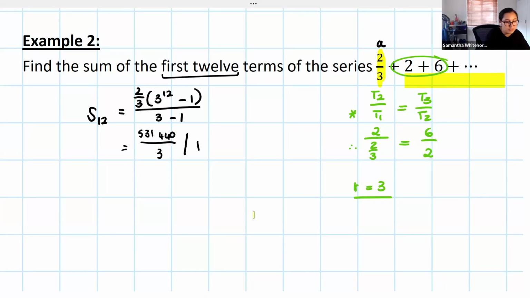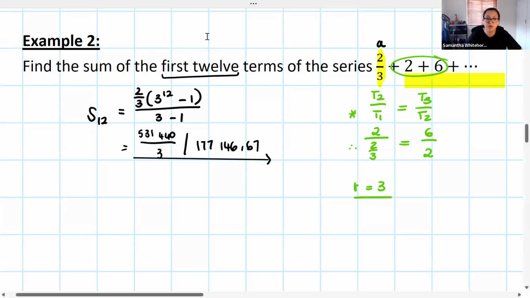Or if you want to write it as 177,146.67, that is absolutely fine as well. Remember, both are fine. You will get full marks for both, whatever you prefer at the end of the day. Alrighty, guys. So that one, not tricky, just be careful of your substitution.